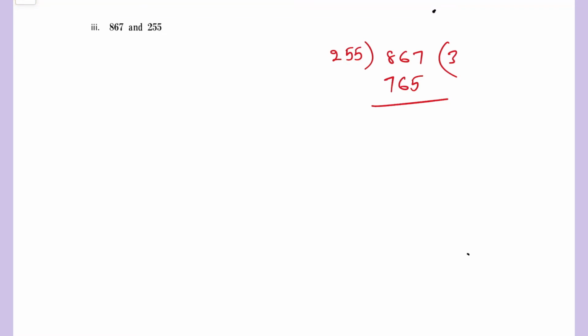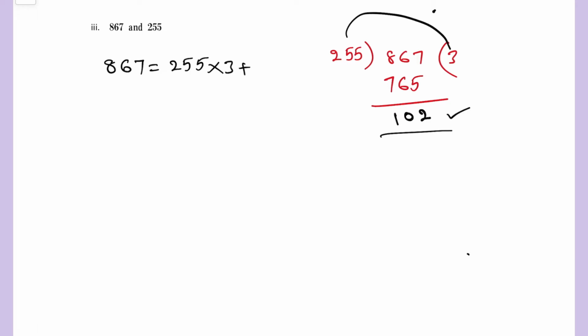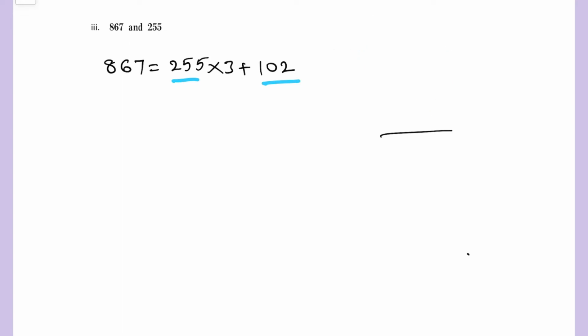7 minus 5 is 2, 6 minus 6 is 0, 8 minus 7 is 1. Now this we need to write as the step. Dividend 867 equals divisor into quotient, 255 into 3, plus remainder 102. Now from this step we need to pick the divisor as well as the remainder, and we need to do division again for those two numbers.